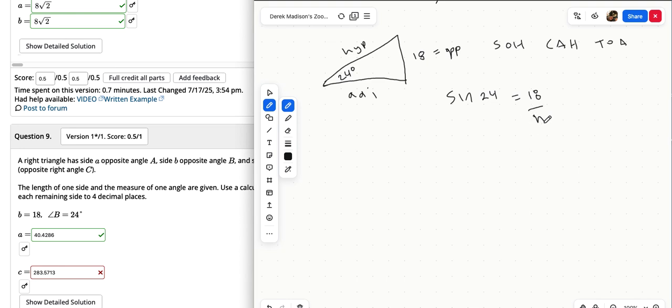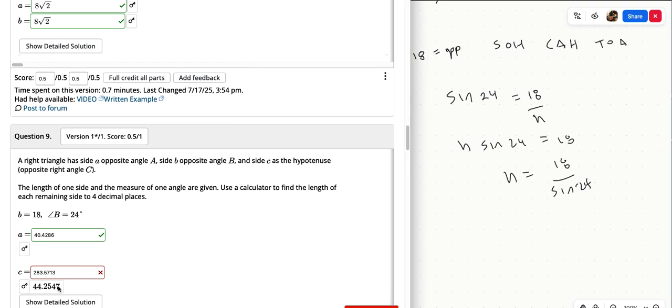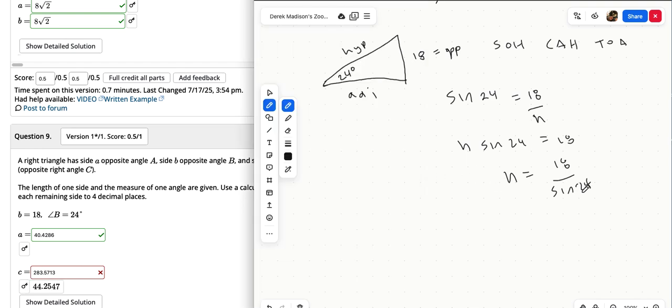And then this is like that one I just did where I'd multiply up the h and get h times sine of 24 equals 18, and then divide the sine over, and that will give me 18 over sine 24 to get that h. That will probably be kind of an ugly number, whatever. Yeah, okay, that was an ugly number. Actually, it should have been that number right there. And so I'm not sure I would use that in my next calculation.